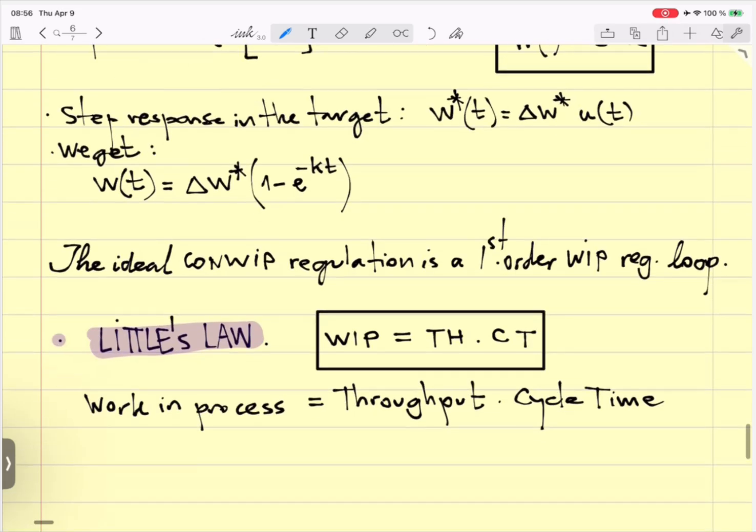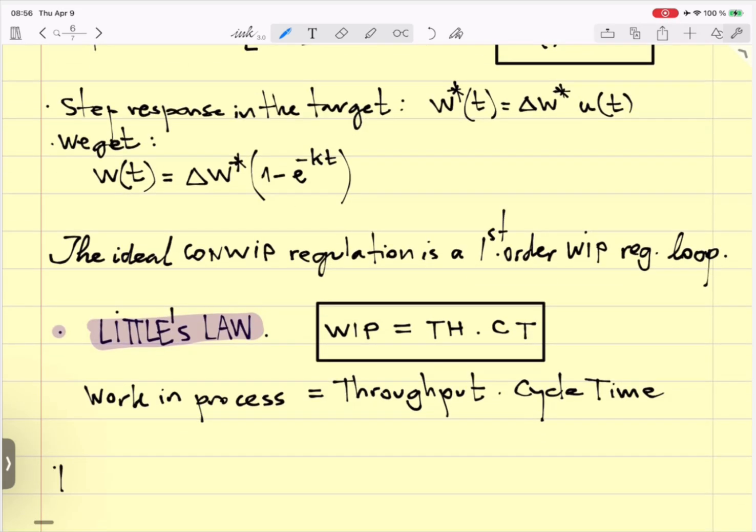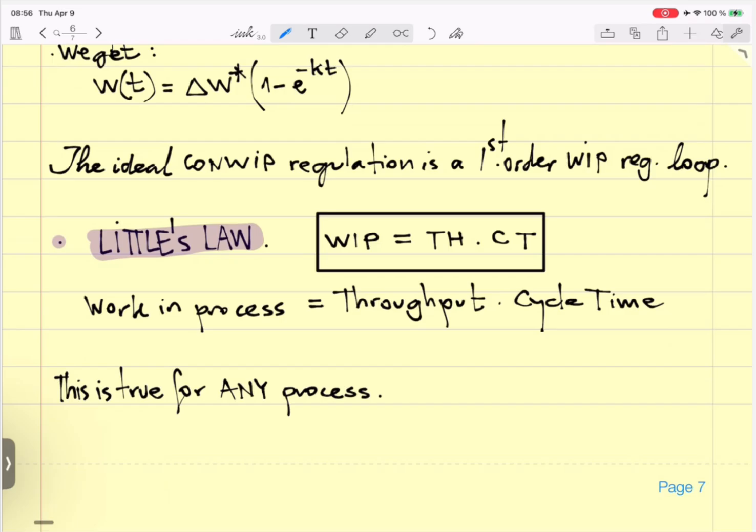So this is true for any process. Okay. And this is a very hard assumption. Whenever you have a process, let's say, a factory, the working process, the inventory that you have in the process equals the throughput times the cycle time.